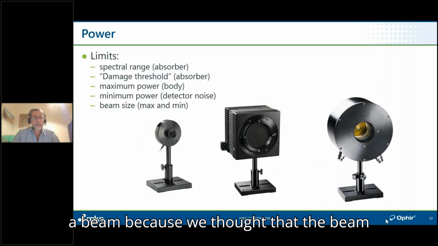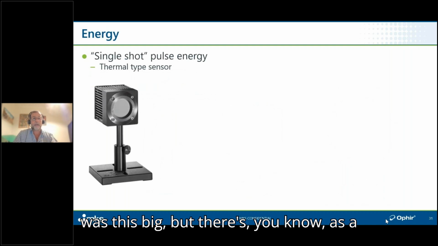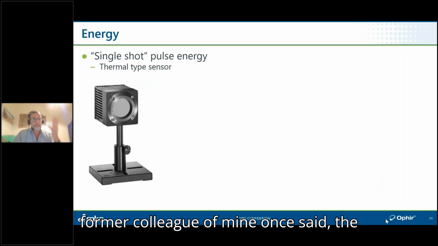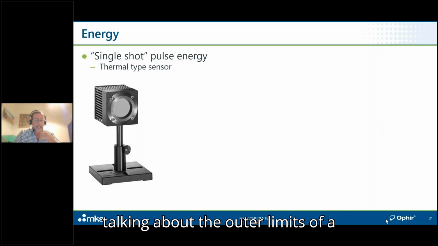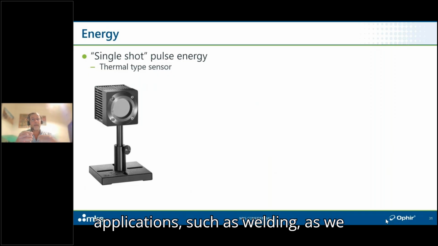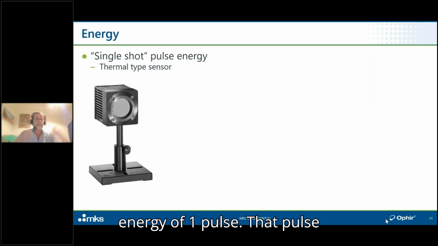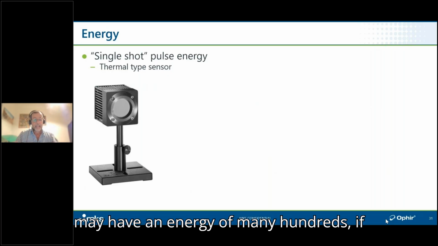In many applications, such as welding, as we mentioned earlier, we want to measure the energy of one pulse. That pulse may have an energy of many hundreds, if not thousands of joules. We'll usually use a thermal sensor for that. What happens with a thermal sensor is that the heat that is generated by absorbing the laser beam moves through the body of the sensor on its way out to freedom, and that heat flow gets measured.